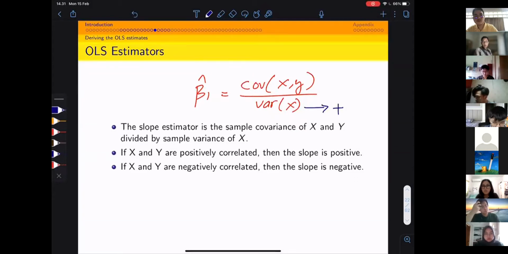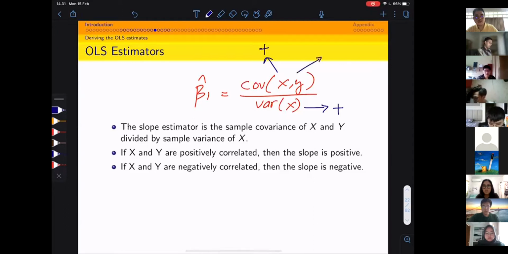So whether beta 1 hat is positive or negative is going to depend on the sample covariance. If the sample covariance is positive, then beta 1 hat is positive.